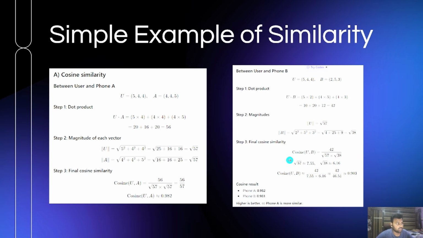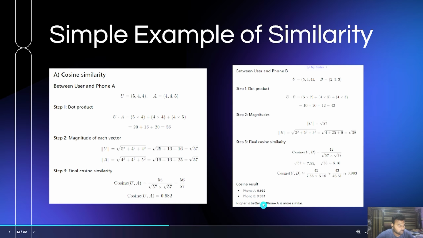And the magnitude of phone B is root over 2 square plus 5 square plus 3 square, that is root over 38. The final cosine similarity between user and phone B is 42 by root over 57 into root over 38, that is approximately 0.903. So here phone A similarity is 0.982 and phone B similarity is 0.903.